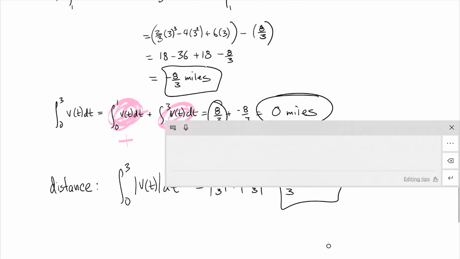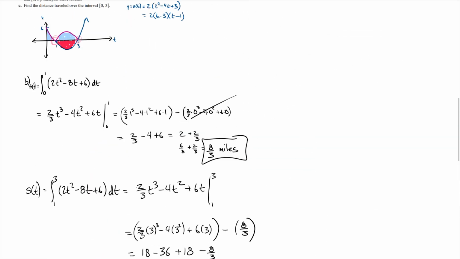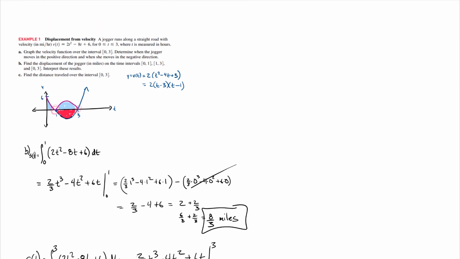I don't think I did a very good job of explaining this, but we'll do another one. We'll see it. But that's how we're going to do this. So displacement has sign to it. Distance is always positive. You have to find out where those intercepts lie and make certain that we're only taking the positive region when doing distance. Distance is a pain in the butt. So there's your intro. We'll do another one next.